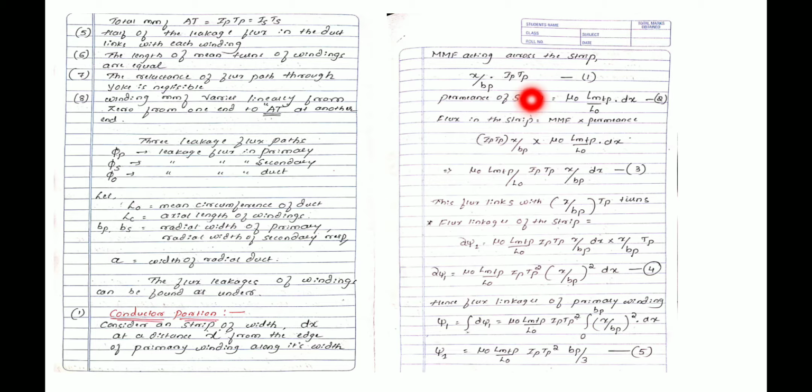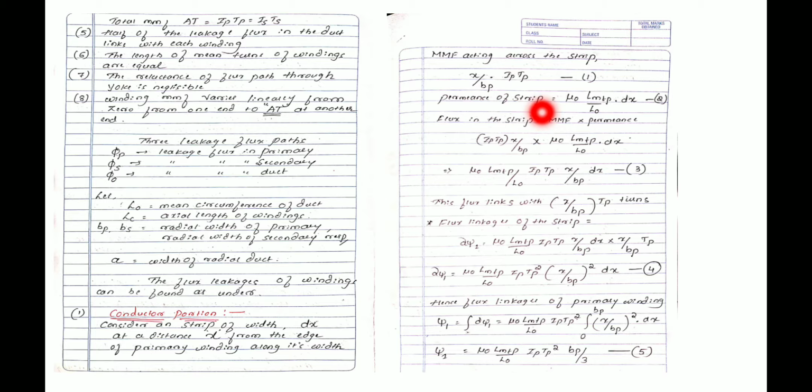So how will we write this? Reluctance is directly proportional to L divided by A. Then permeance, being the reciprocal of reluctance, will be A divided by L. Permeance is directly proportional to area upon length.